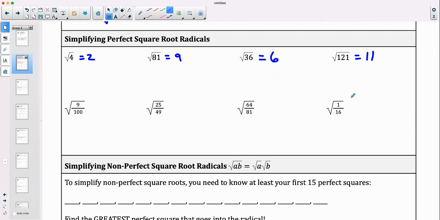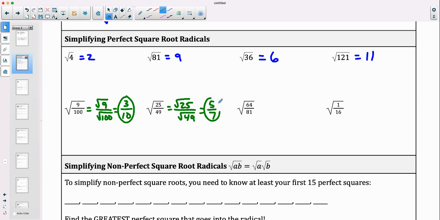So this is a perfect square over a perfect square. So what we can do is take the square root of 9 and the square root of 100, which is 3 over 10. This one is the square root of 25 over the square root of 49. So we get 5 over 7. And so what we can do is just split this square root up.